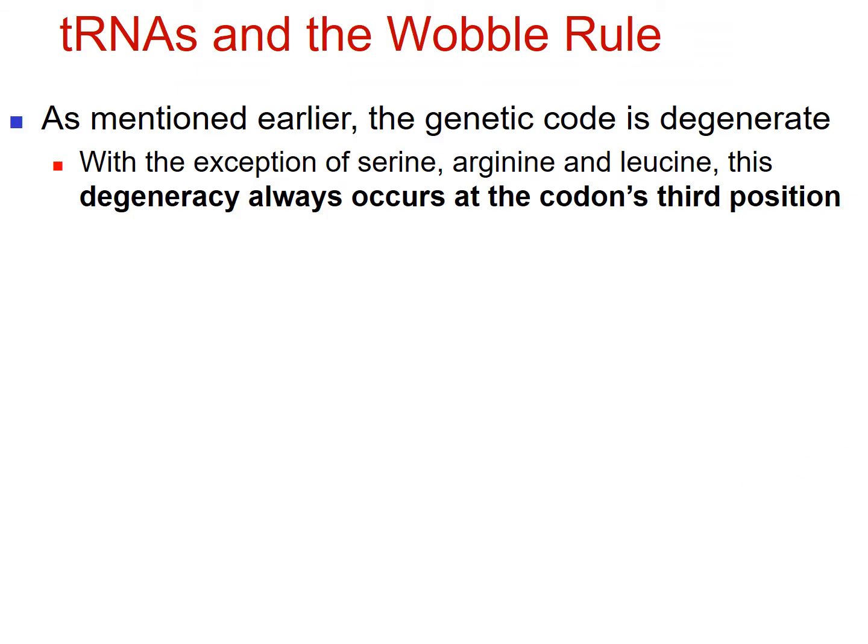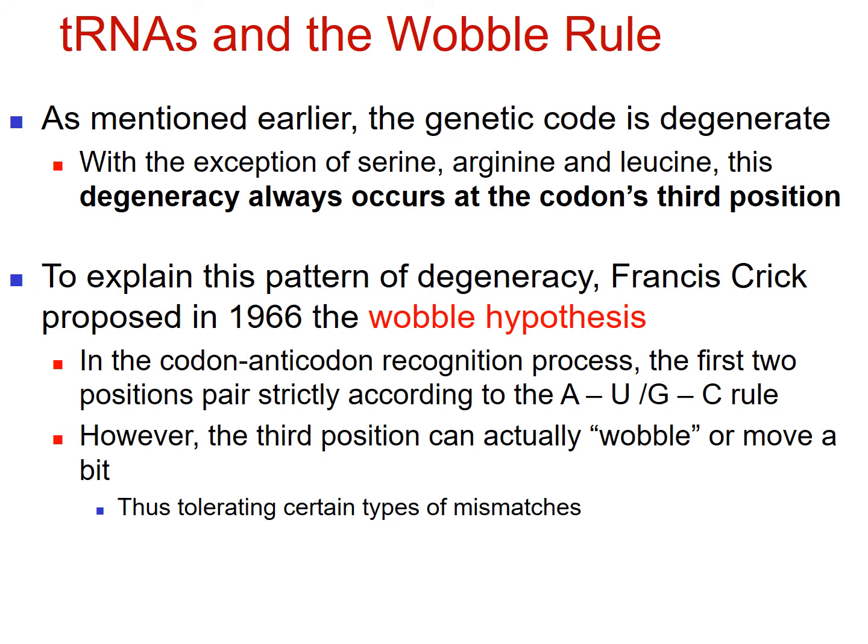Okay, so I mentioned this wobble rule with transfer RNAs. What is that? We've talked about the genetic code being degenerate. With the exception of serine, arginine, and leucine, the degeneracy always occurs at the codon's third position. Now, to explain this pattern, Francis Crick proposed something called the wobble hypothesis.